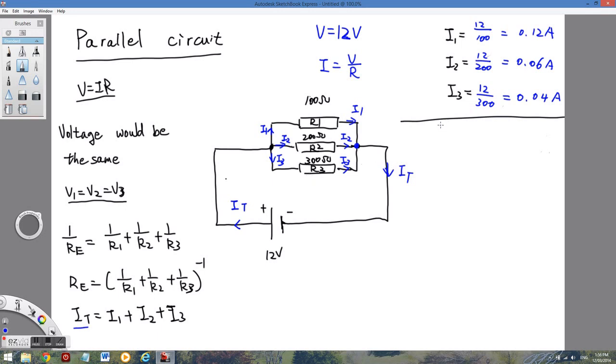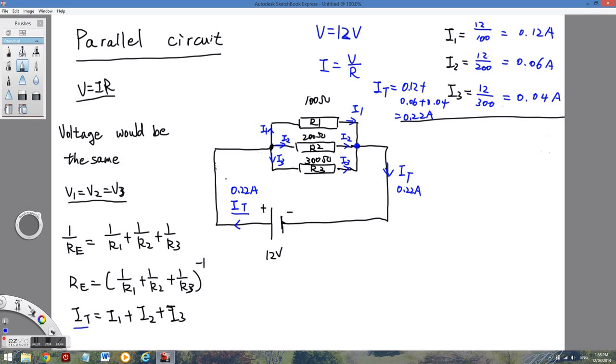Now, let me show you another way to do this question. Let me calculate the total current first. If I add them up, 0.12 plus 0.06 plus 0.04, it will be 0.22 amps. So I have 0.22 amps here, and I have 0.22 amps here.